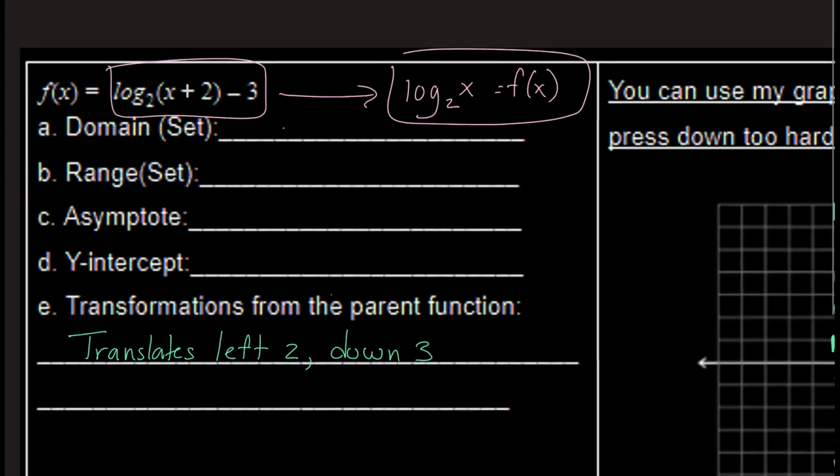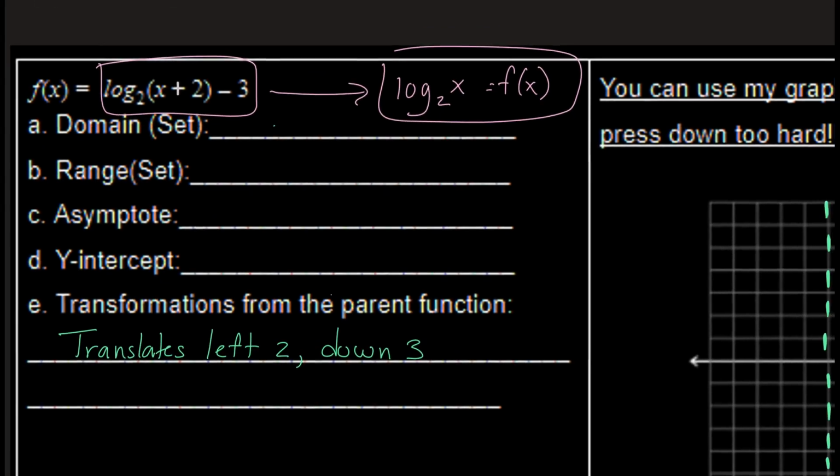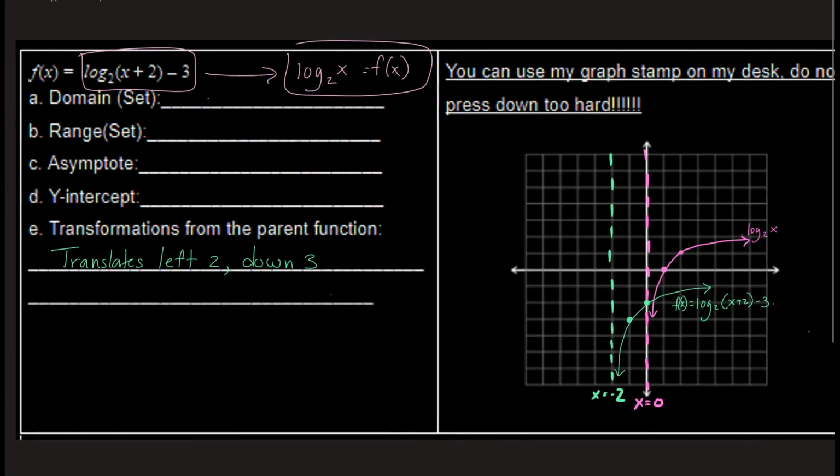Now, we have to ask ourselves these questions. What was the domain of our graph? What is our lowest x value? Our lowest x value is -2. Are we touching -2? No, we are not touching -2. And then what's the max value?